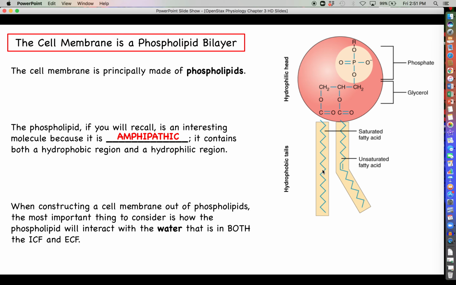One of them is saturated, meaning that it contains the maximum number of hydrogen atoms possible, and it basically forms a straight line. Whereas the other fatty acid is of the unsaturated variety. Having a double bond here reduces the number of hydrogen atoms in the backbone of the molecule, but it also angles the rest of the fatty acid tail away from the other one.